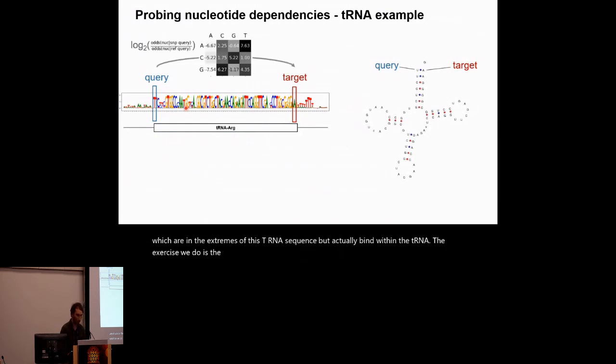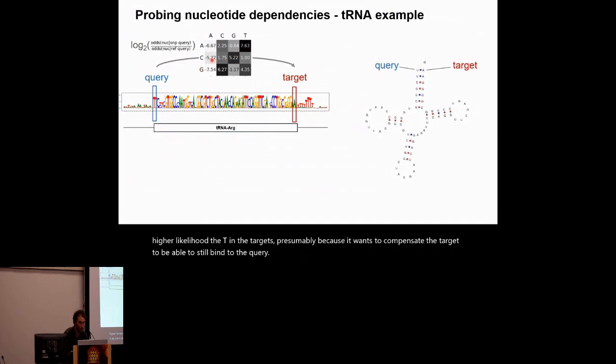Given the query nucleotide, we mutate it to each one of the three other possible nucleotides, in this case A, C, or G, and we check what happens to the reconstruction of the target nucleotide in terms of odds ratios. You see in this example, if you mutate the T to an A, then the model predicts with a higher likelihood the T in the target, presumably because it wants to compensate so the target can still bind to the query.